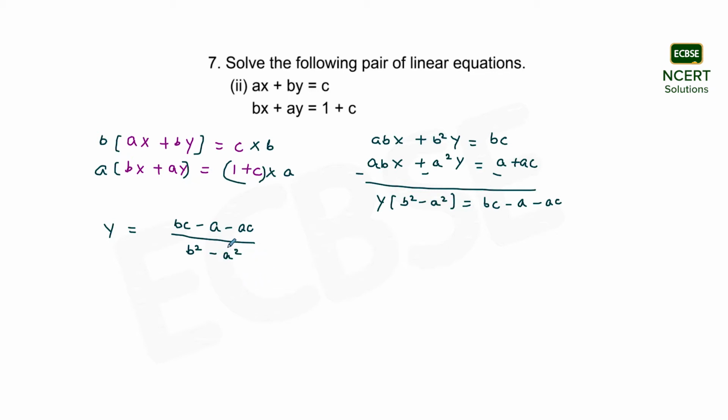And if we see the terms bc and minus ac, we can take c common. So in the bracket it will be b minus a, then minus a for this term, divided by b square minus a square. So this was about the value of the variable y.